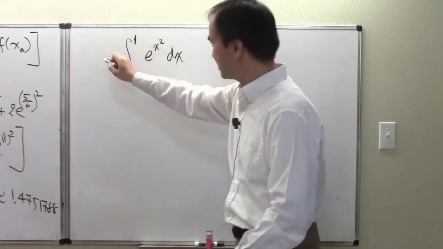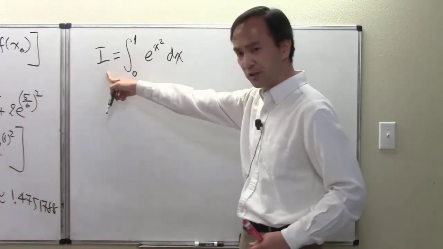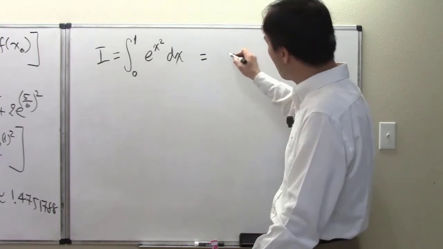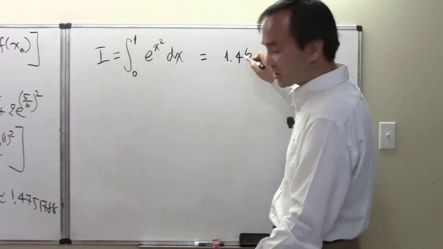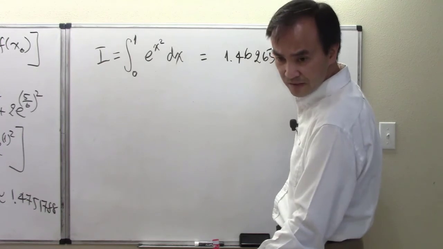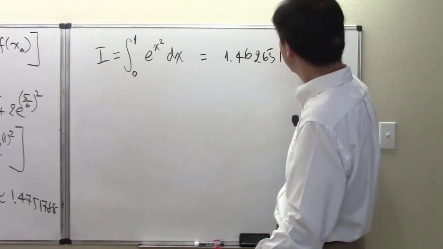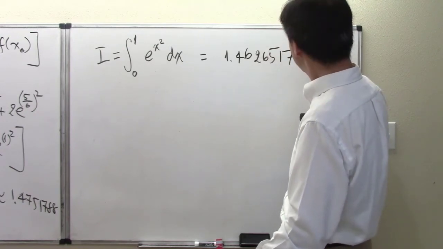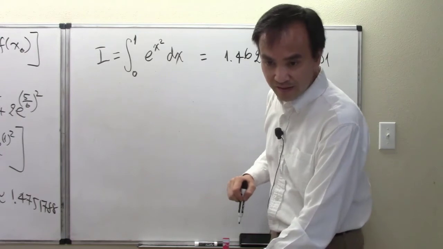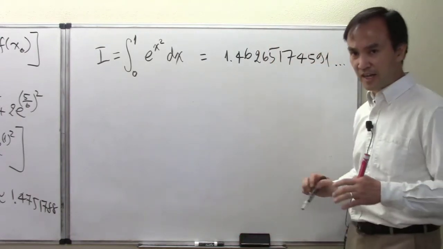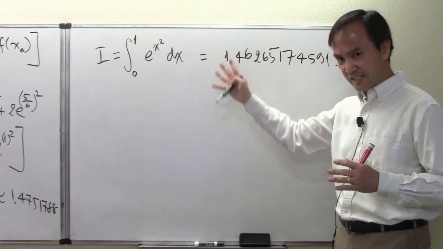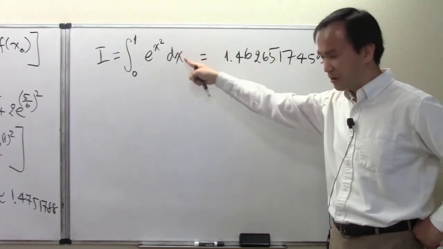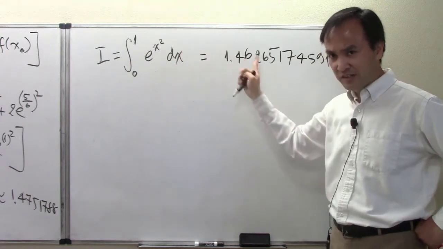Let's call that I. The exact answer for I, this definite integral, according to my calculation on the computer, is 1.46265 174591. And it could be a lot longer as well, because in the end, even for a computer, we believe this is the exact one, and let's assume it is. And like I said earlier, one day any one of you will learn how to teach the computer to get this exact answer right there.